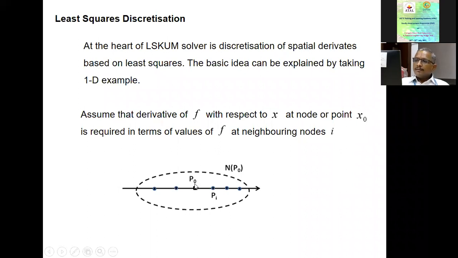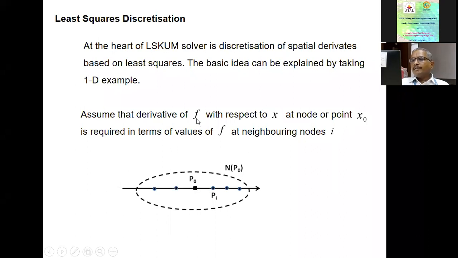So given my attention fixed at a point P0, I will choose a certain set of points in the neighborhood. Let me call it Pi, that is, i is a point in the neighborhood of P0. What I have marked here with the dashed oval indicates the neighborhood of the point P0.